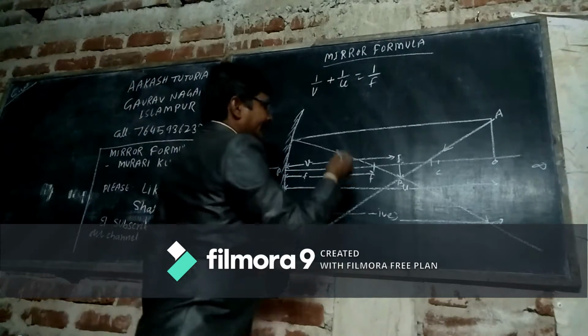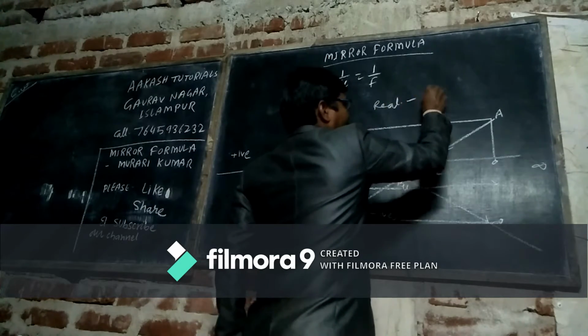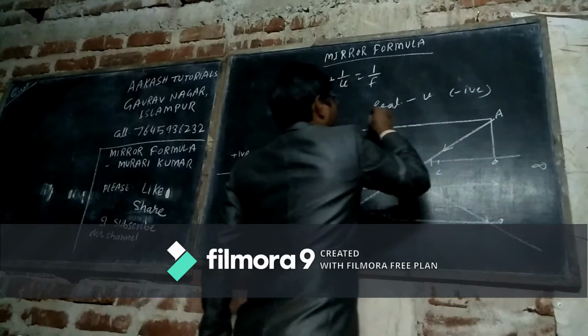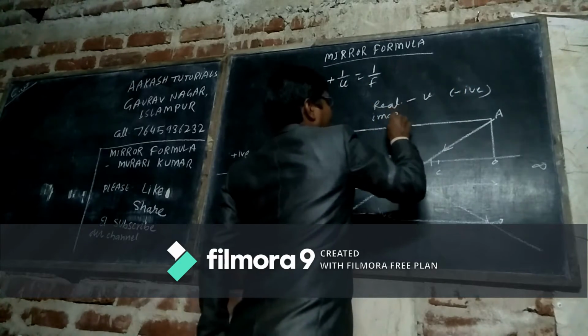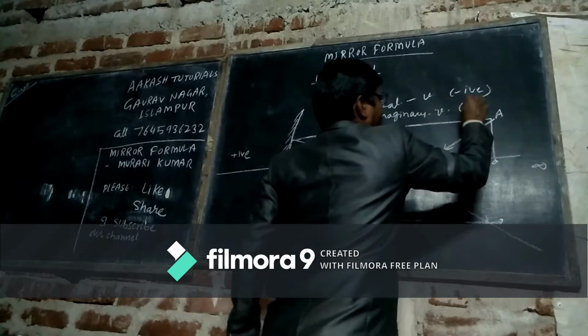It means if the image is real, V will be negative, and if the image is imaginary, V is positive.